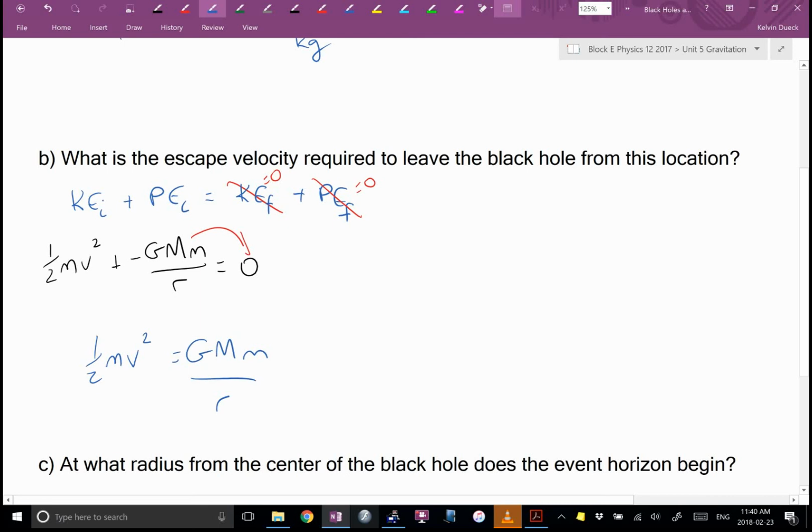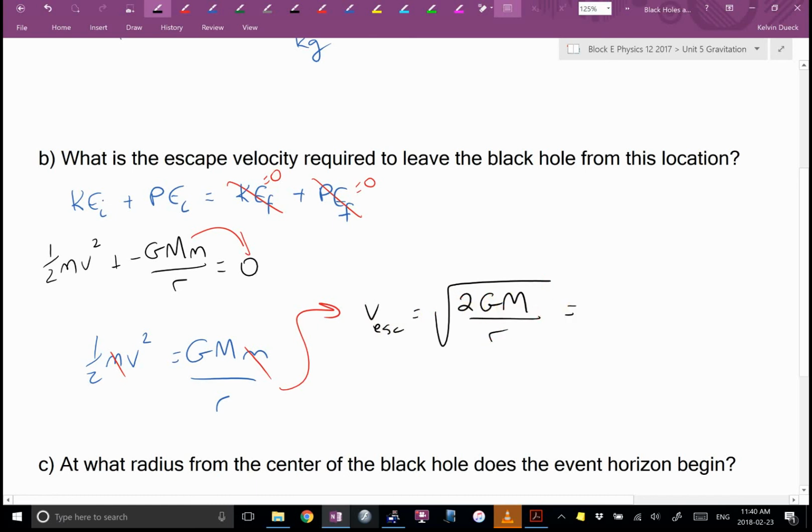You're right, I could have done it on the previous line. How would I get the v by itself? Times by 2 and then square root. This is escape velocity. Not on your formula sheet because, Henry, you can derive it. Escape velocity is the square root of 2 big G big M over R.